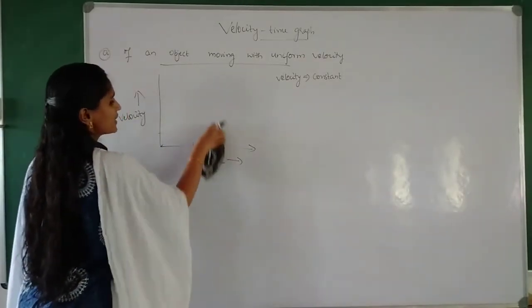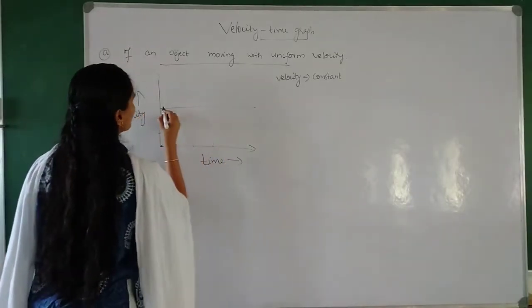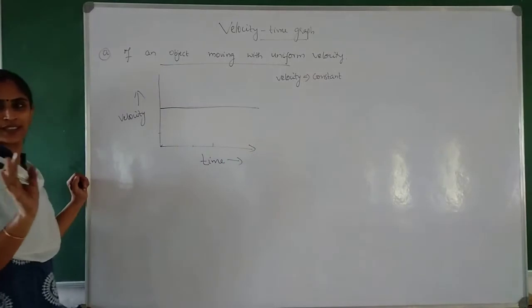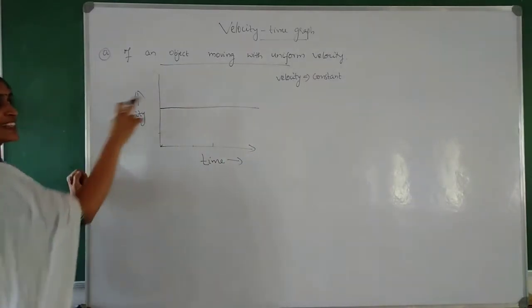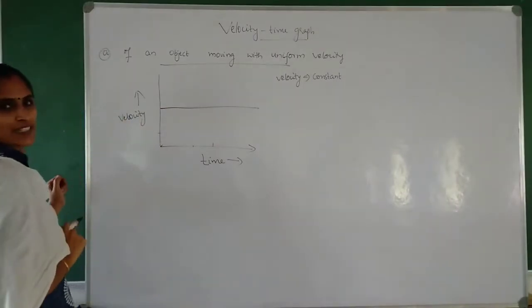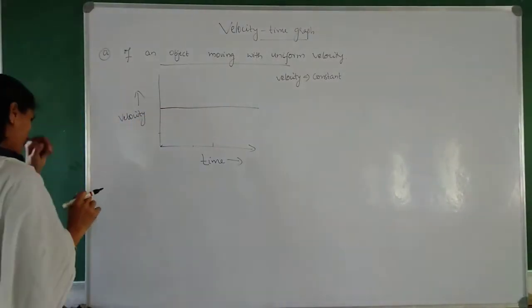If the velocity is constant, what will be the shape? It will be a straight line parallel to the time axis. If velocity is constant, there is no change in velocity. Velocity remains the same.